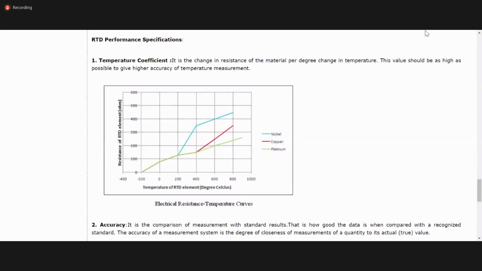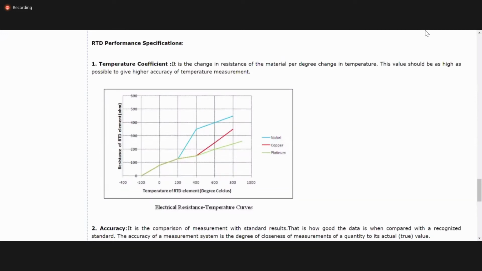And after placing at 100 degrees Celsius, X will not be X, Y will not be Y. Did you understand that? Yes, sir. But the next value of X and next value of Y, depending on the temperature coefficient of the metal, that is the copper temperature coefficient and platinum temperature coefficient, their resistance will increase in different ways.